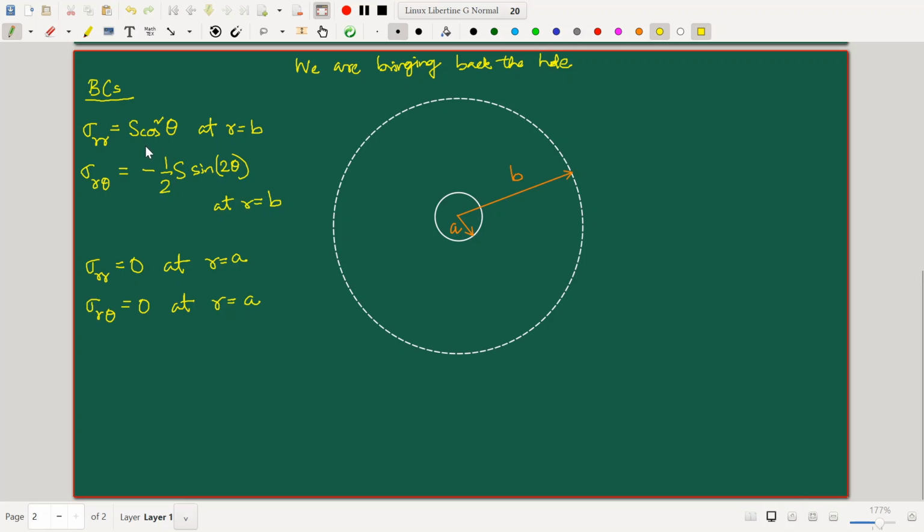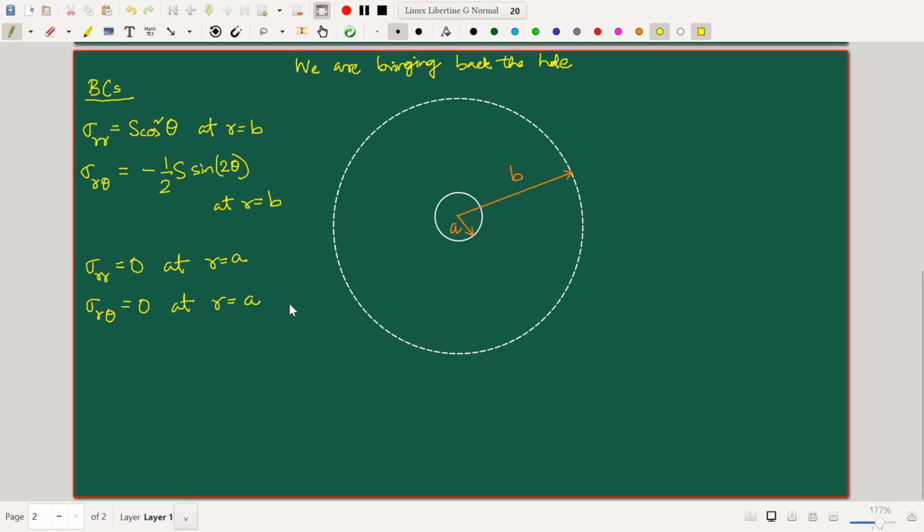Suppose it was in the form of some constant value. And suppose you forget about the sigma R theta, then sigma RR is equal to something constant, sigma R theta is not there, and sigma RR equal to 0 at r equal to a. Then that is very much reminiscent of the pressure vessel kind of problem that we have already done earlier.